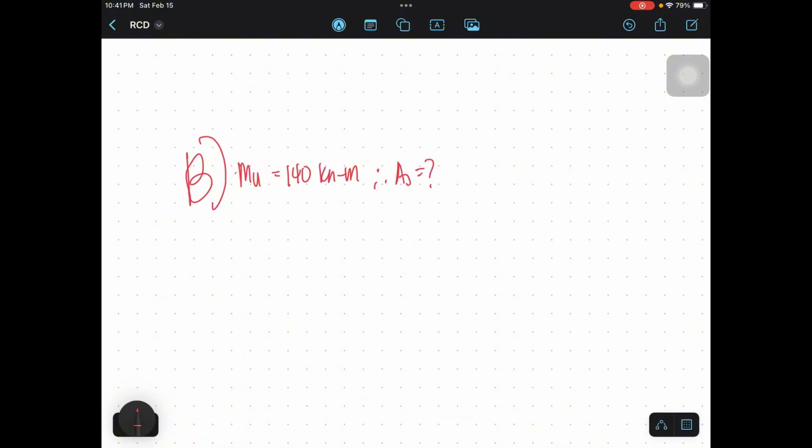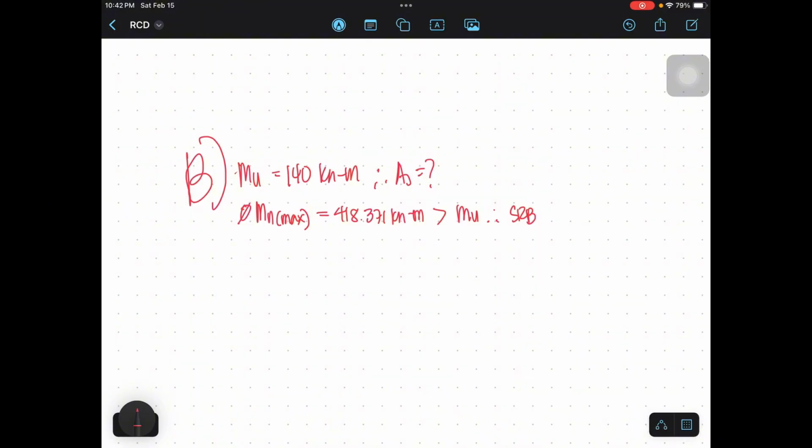So katulad nung letter A, kailangan i-check muna natin if singly reinforced beam siya or double reinforced beam. So ko-compare natin siya sa maximum moment capacity, whereas na-compute natin kanina na 418.371 kilonewton meter. So since mas malaki yung maximum compared sa MU, therefore SRB tayo or singly reinforced beam.